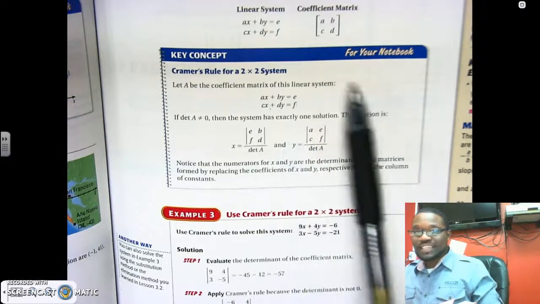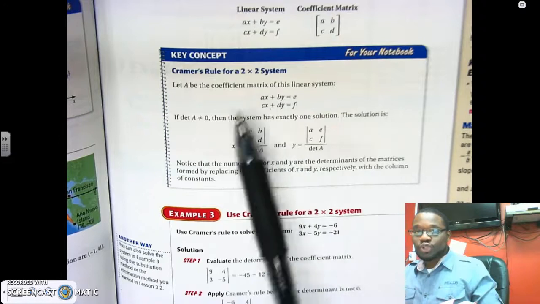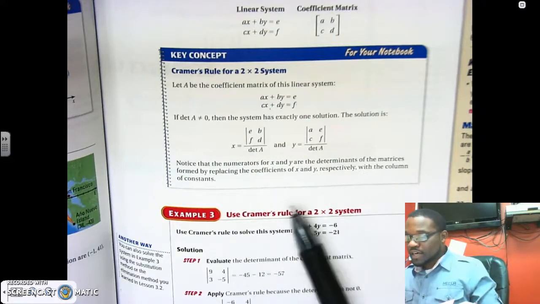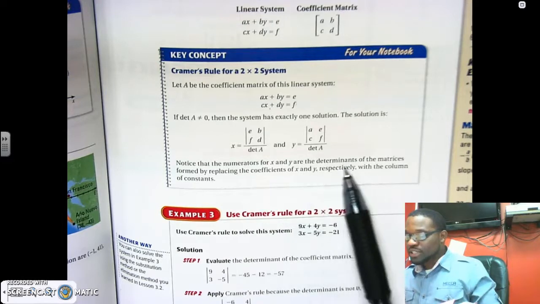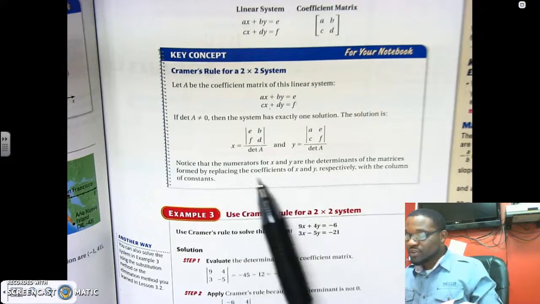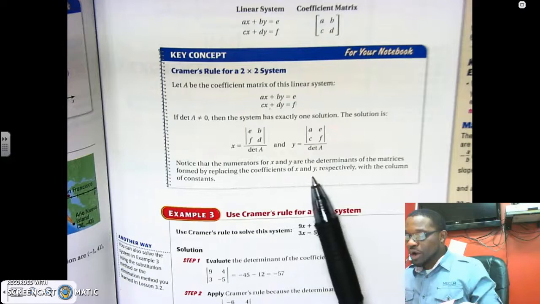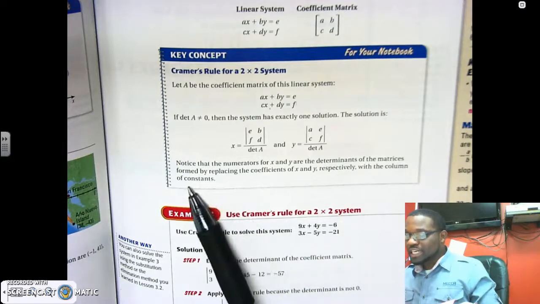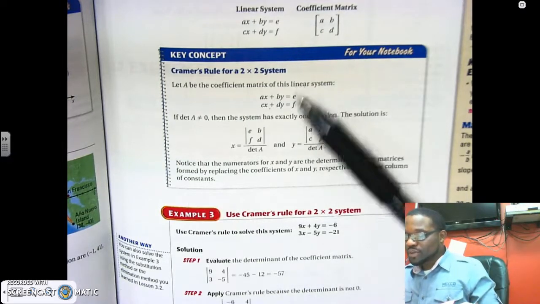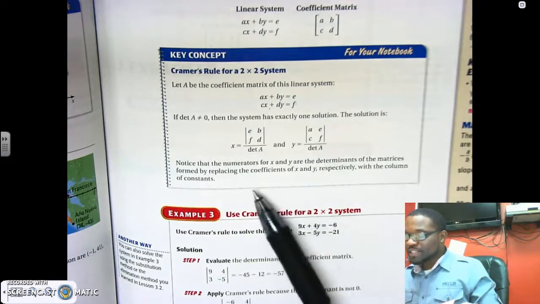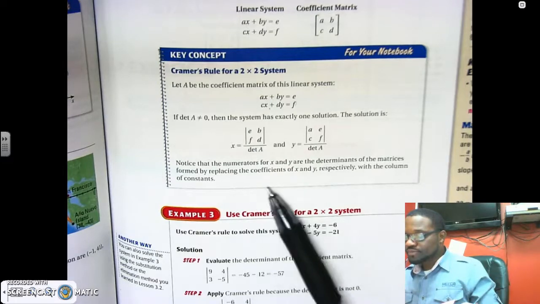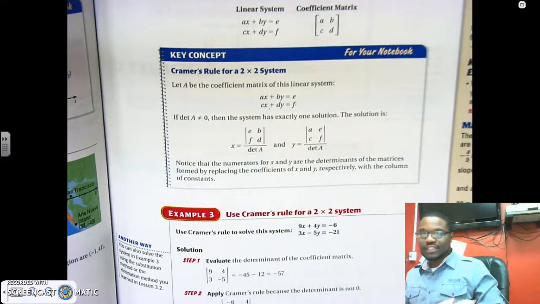This is important, so write this down. Notice that the numerators for X and Y are determinants of the matrices formed by replacing the coefficients of X and Y respectively with the column constants. The constants are those right there. So replacing the X's and Y's with the constants. I'll show you this in a second.